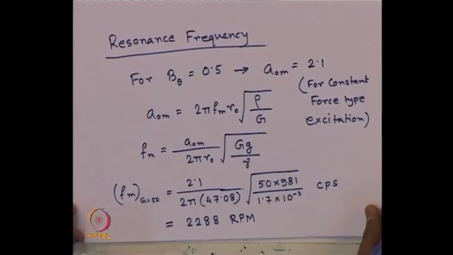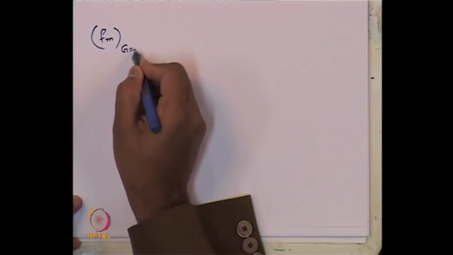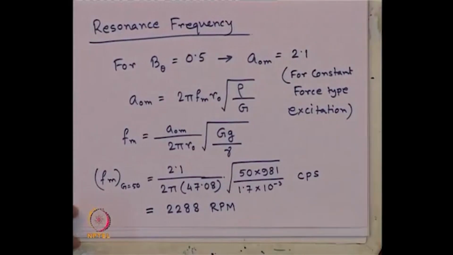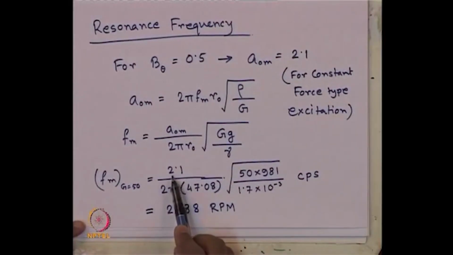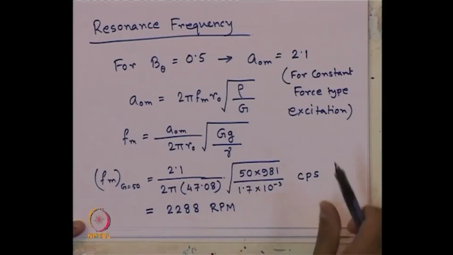Similarly, for the next type of soil, f m with G equals 100. What are the changes? Let us look at this expression. A naught m remains the same, 2.1, 2 pi also remains the same. Here it changed to 100, this remains the same, and it becomes 1.8 gamma.